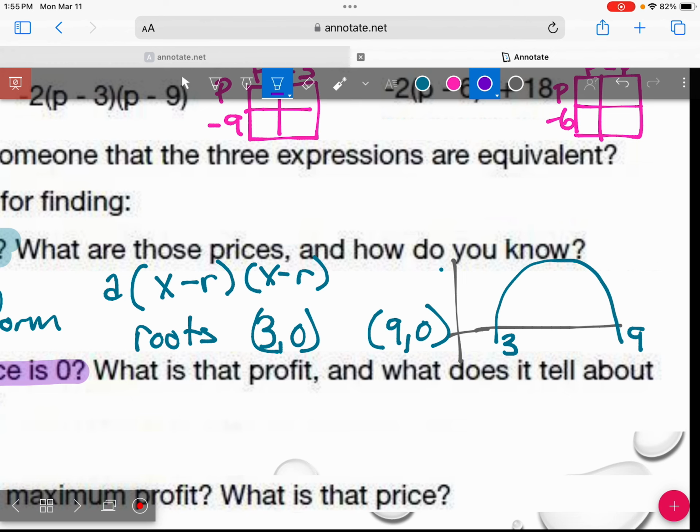I'm going to just draw this little sketchy sketch guy up there on the board. We already said we have our intercepts. We had 3 and we had 9. What is our x variable? Like, what did I put on my x-axis over here? Is that profit or is that price? Price.